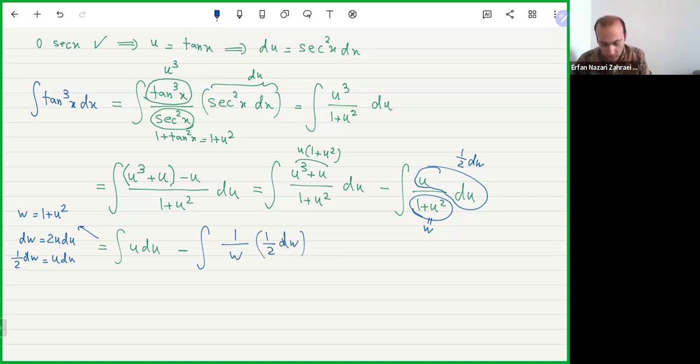Am I good? Yeah. Now it's easy to compute these integrals. The first term, the antiderivative of it, is just u squared over 2, minus the antiderivative of this, which is ln absolute value w. So it's half of ln absolute value w plus a constant.